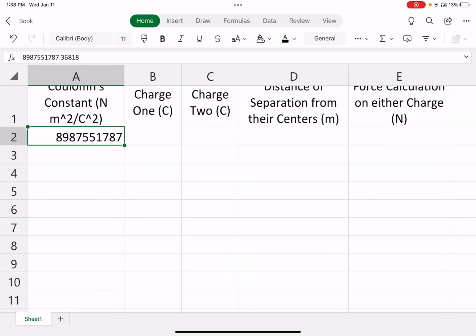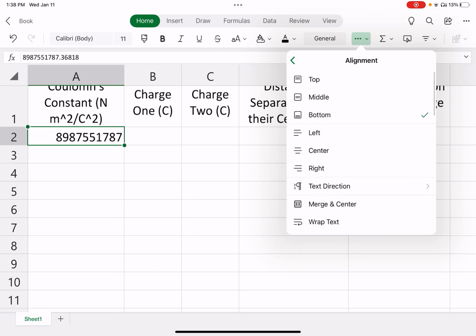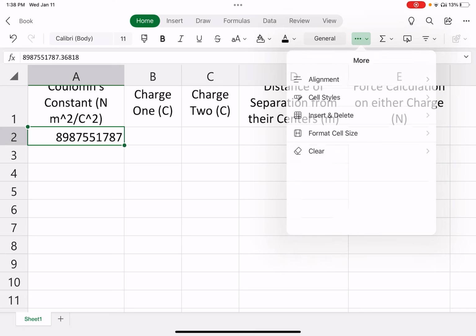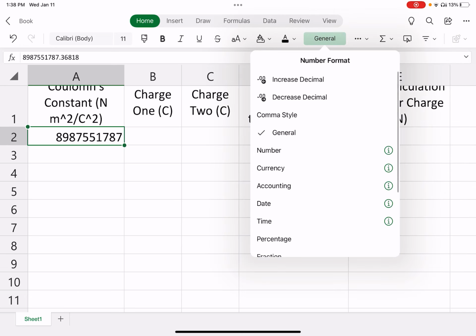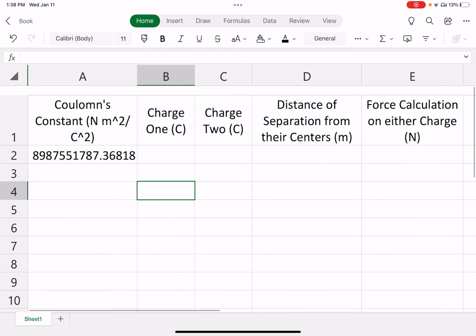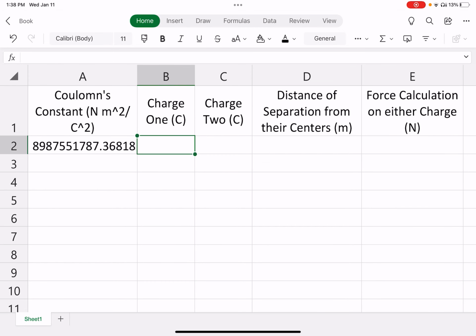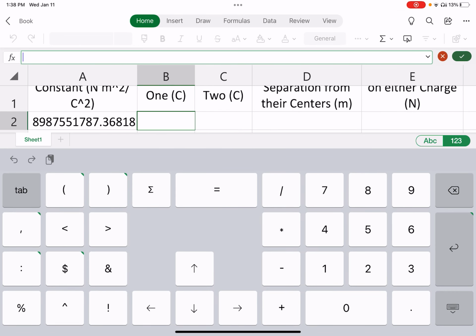It's not showing the decimal places, but we could always show the decimal places somehow here. Under General, I can increase the decimal place, and so it's showing my decimal places now. Now I'm doing this on the iPad, but feel free to do it on a desktop. It's going to be pretty much the same. If you use Google Sheets, it should still be the same.